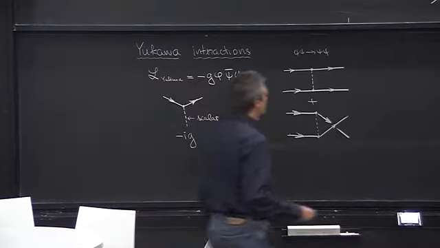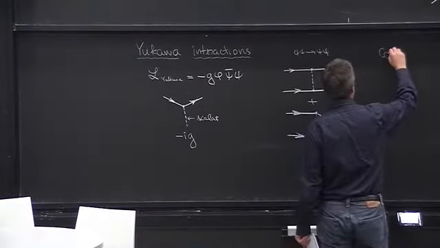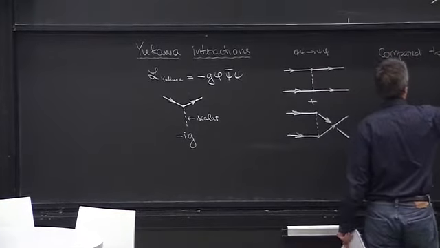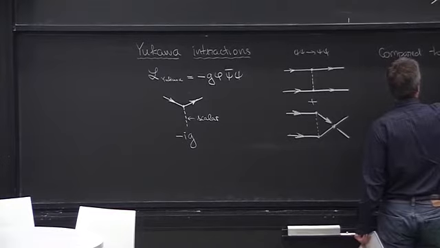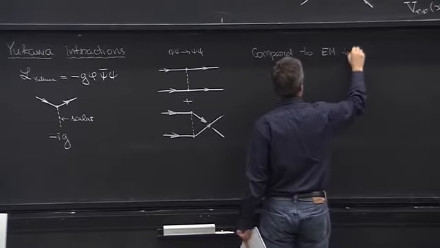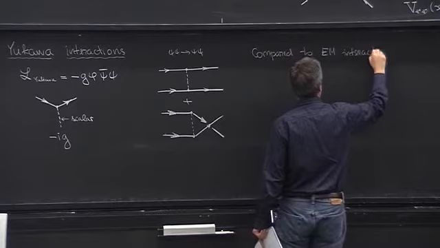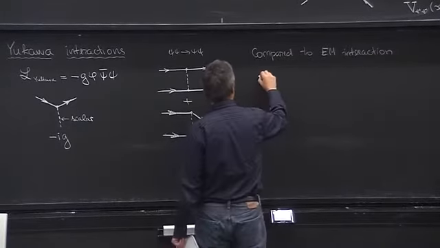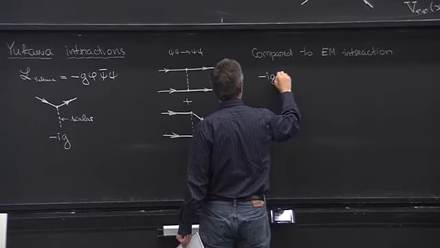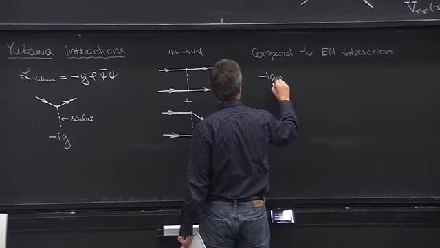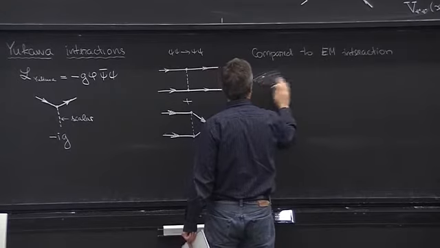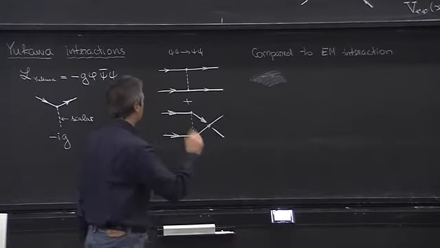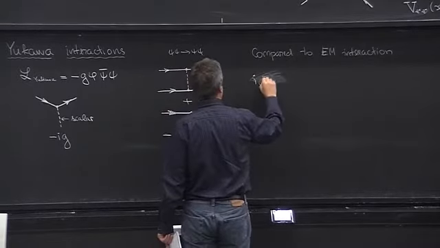So compared to electromagnetic interactions, what we will get is that minus i g mu nu. Oh, in fact, let's compute this amplitude in terms of the spinors u.